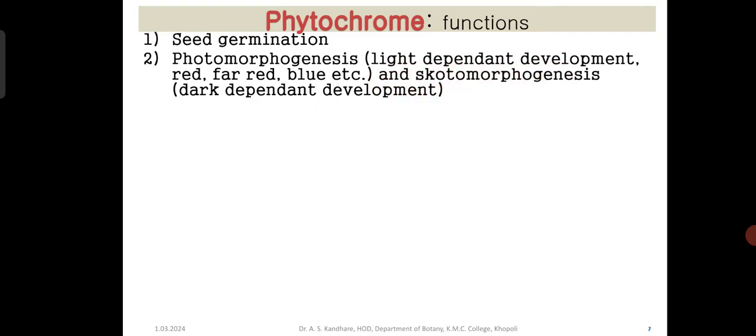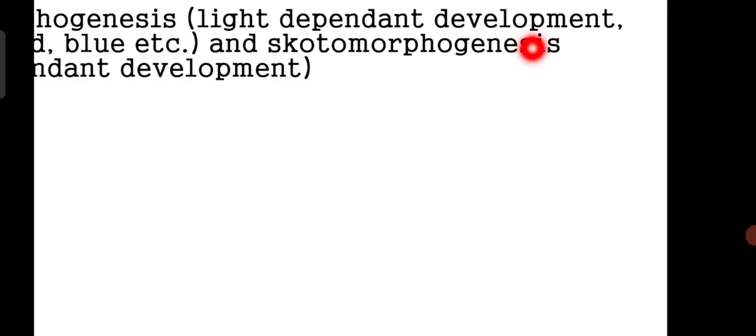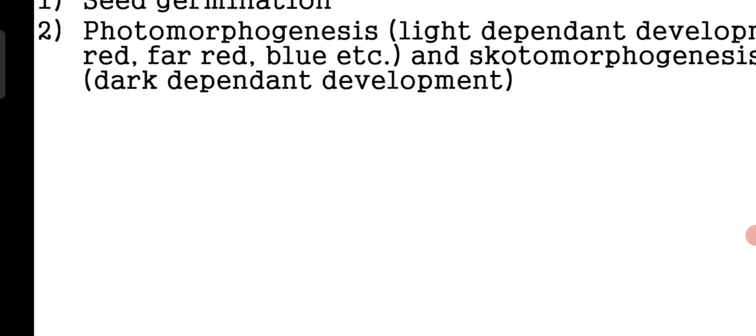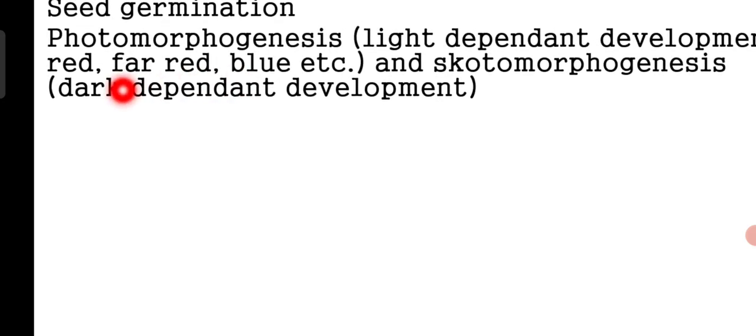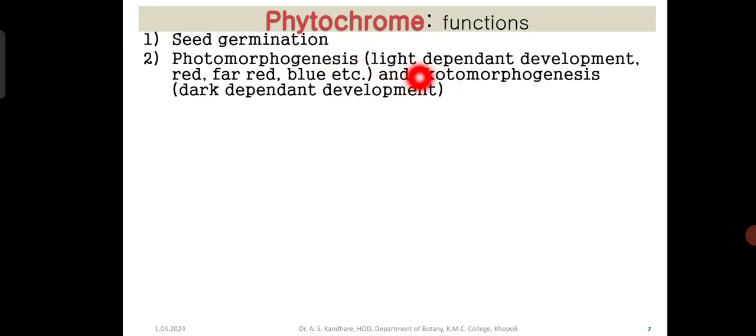On the contrary, there is another terminology called scotomorphogenesis, and this deals with, or it is related to, the processes affected by darkness or night, isn't it? नाइट और अंधेरे से रिलेटेड जो भी प्लांट के डेवलपमेंट है उसे कहते हैं स्कोटोमॉर्फोजेनेसिस। जिस प्रकार से लाइट से रिलेटेड जो भी प्लांट के डेवलपमेंट है उसे कहते हैं फोटोमॉर्फोजेनेसिस, उसी प्रकार से स्कोटोमॉर्फोजेनेसिस का मतलब होता है डार्कनेस से रिलेटेड प्लांट के डेवलपमेंट या बदलाव, isn't it?